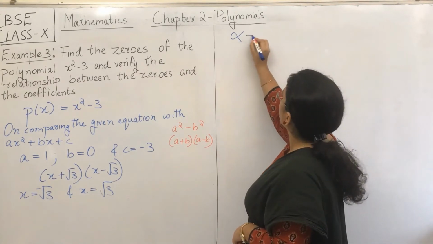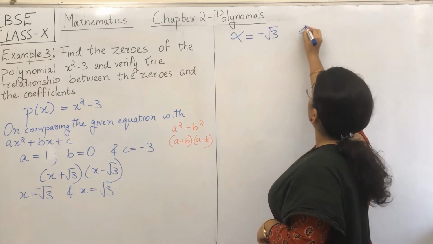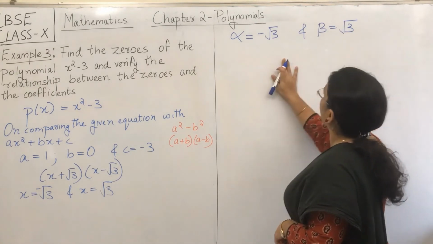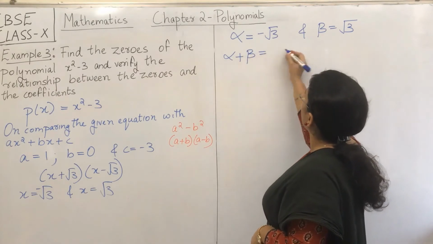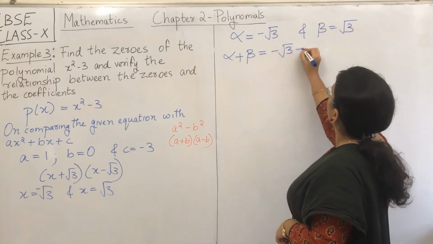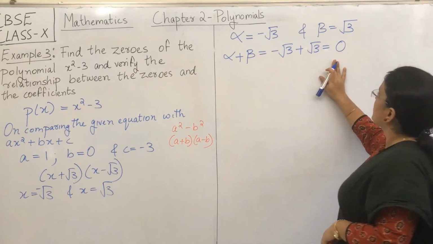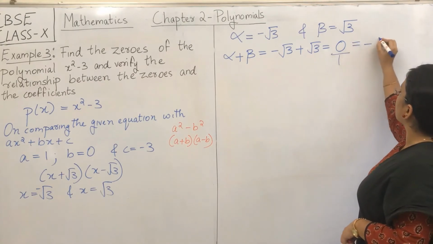Firstly, the zeros: alpha is minus root 3 and beta is positive root 3. Now alpha plus beta equals minus root 3 plus root 3, which is 0. We can write 0 by 1, which is equal to minus b by a.